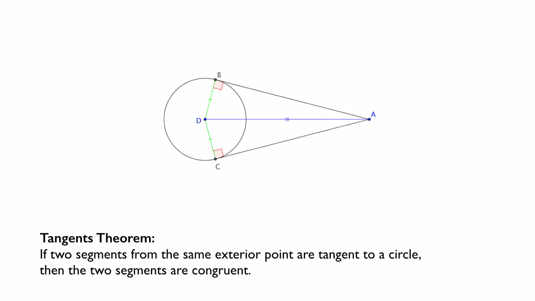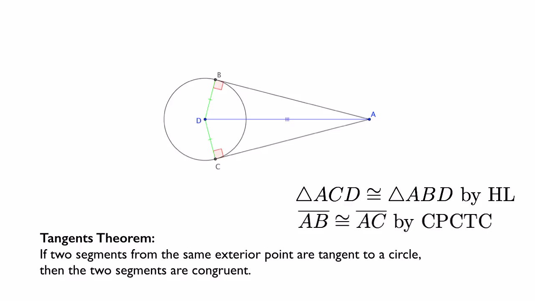Right now we can prove that the two triangles ABD and ACD are congruent, right, by HL. And therefore, segments AB and AC must also be congruent by the CPCTC. So there we go, we've got that tangents theorem.